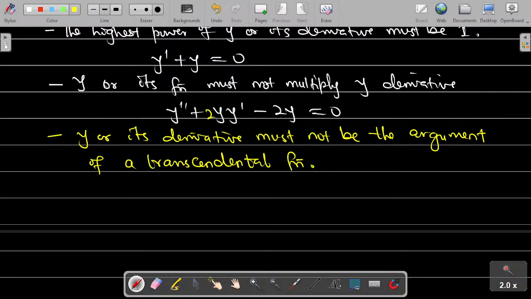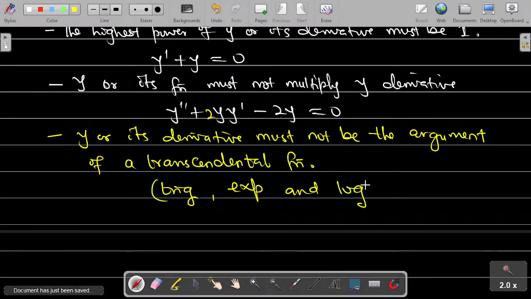Recall that transcendental functions are functions of trig, exponents, and logarithms. So y or its derivative must not be an argument of any of these in a differential equation. If that happens, then it is not linear.